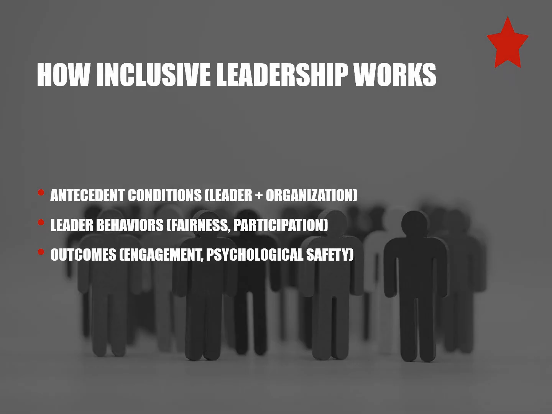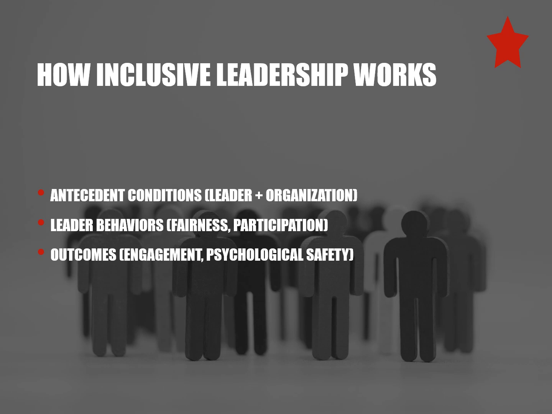Next, let's look at how this actually works in practice. Northhouse breaks it down into three main pieces. First, the antecedent conditions. This is basically the traits and values of the leader and the organizational context that either supports or hinders inclusion. Second, the behaviors themselves. So, what the leader actually does to include everyone, like encouraging participation, sharing decision making, and being fair.